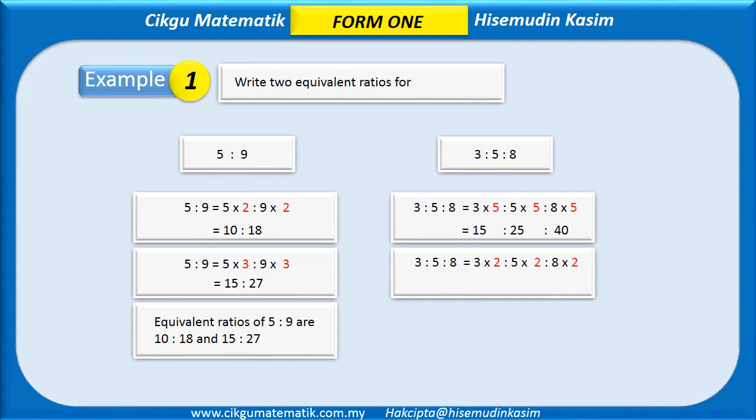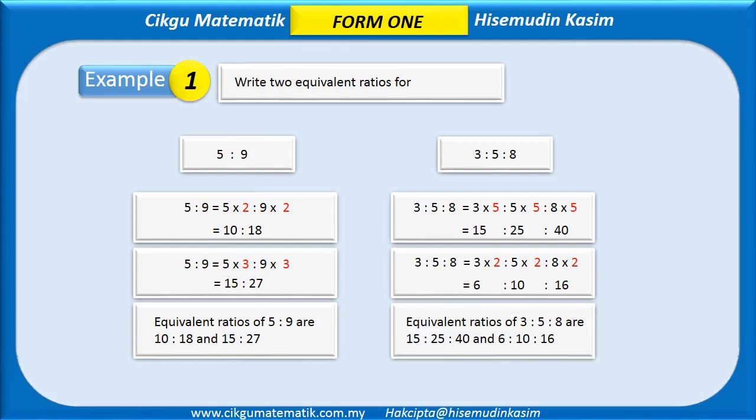The ratio of 3 to 5 to 8 equals 3 times 2 to 5 times 2 to 8 times 2, equals 6 to 10 to 16. The equivalent ratios of 3 to 5 to 8 are 15 to 25 to 40 and 6 to 10 to 16.